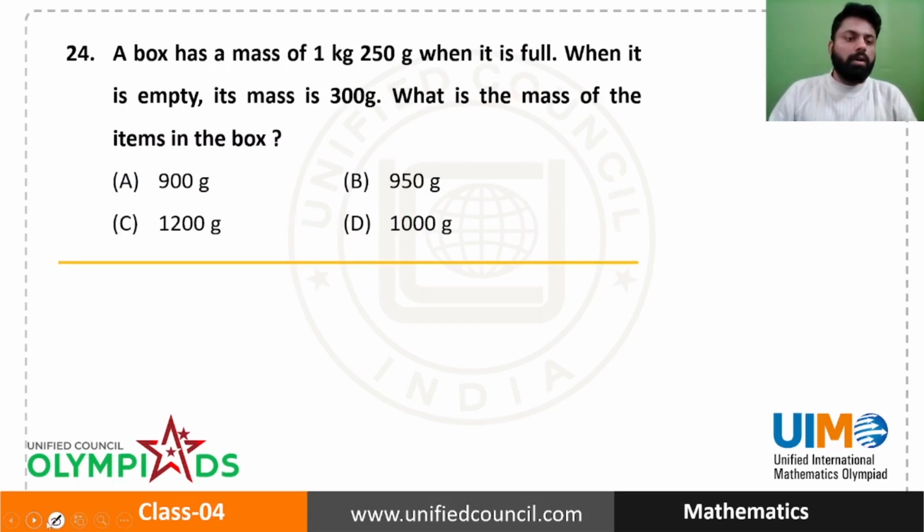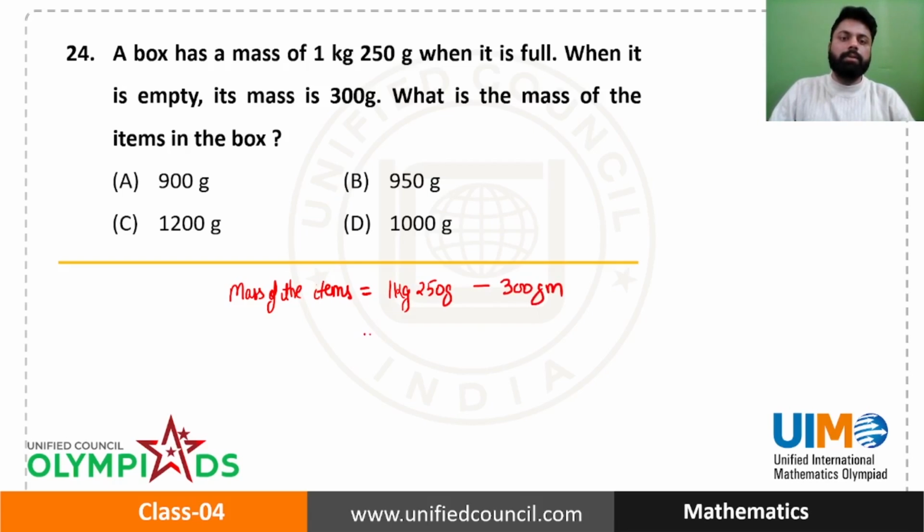Next one. A box has a mass of 1 kilogram 250 grams when it is full. When it is empty, its mass is 300 grams. What is the mass of the items inside? The mass of the items is equal to 1 kilogram 250 grams minus 300 grams.